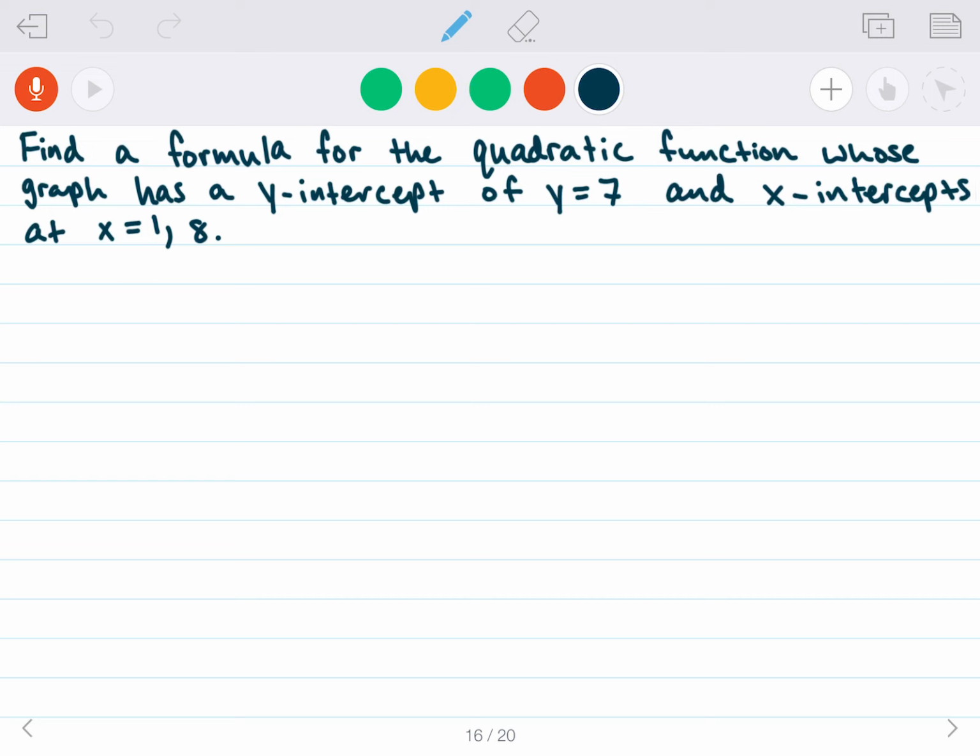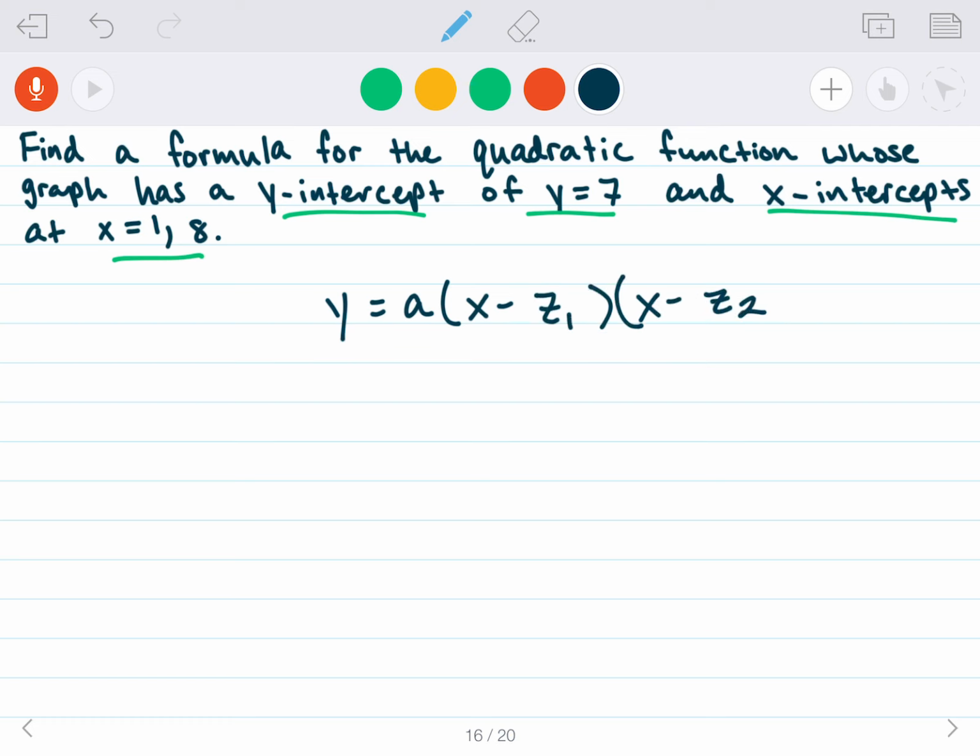Write a formula for the quadratic function whose graph has a y-intercept of y equals 7 and x-intercepts at x equals 1 and 8. Since we're given x-intercepts, aka zeros, it makes sense to use factored form here. Again, so we have a times x minus z1 times x minus z2, and we need to figure out again what a is. That's kind of like our trouble spot, figuring out what a is so that we can write the formula.